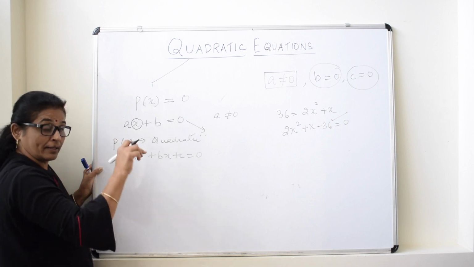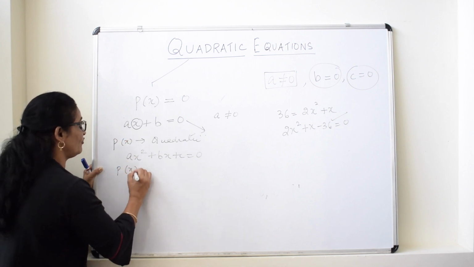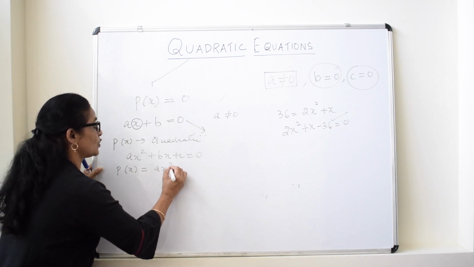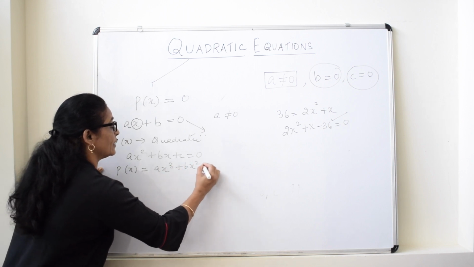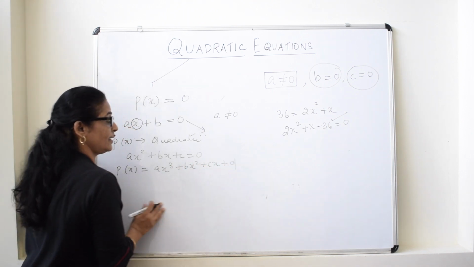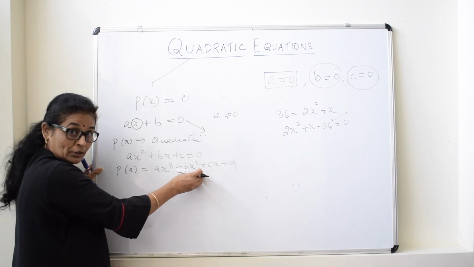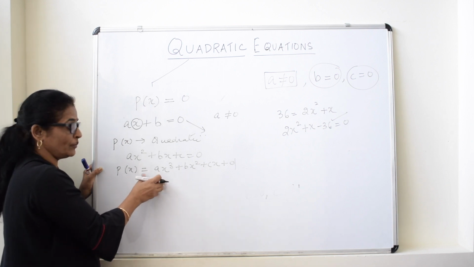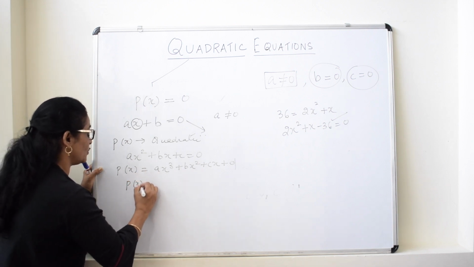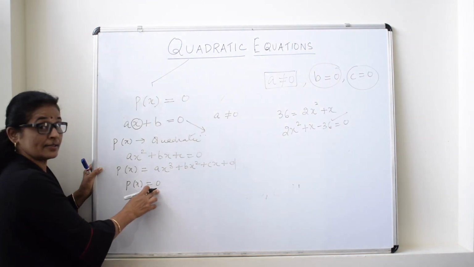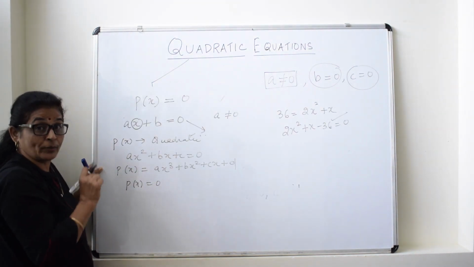If it is a cubic, means p of x is ax cube plus bx square plus cx plus d, then this is a cubic polynomial, and this polynomial, when you equate it to 0, will give us a cubic equation.